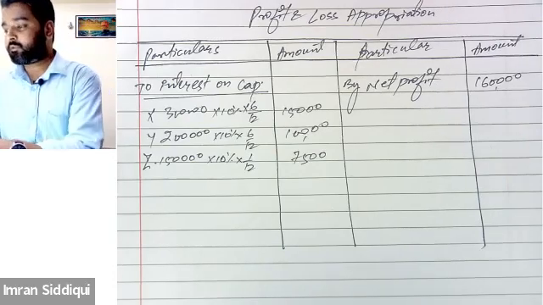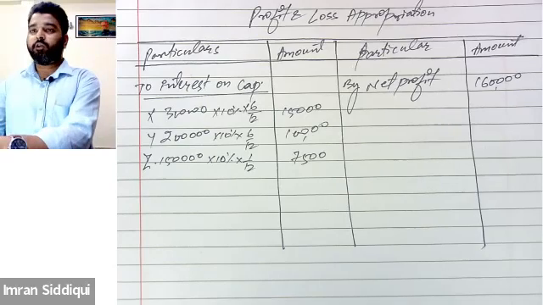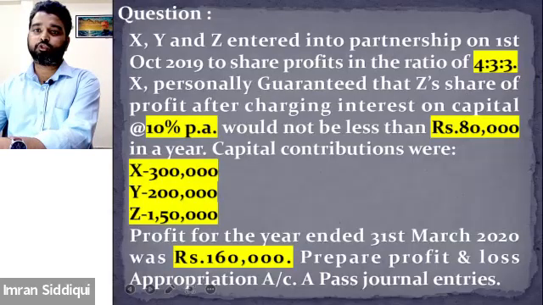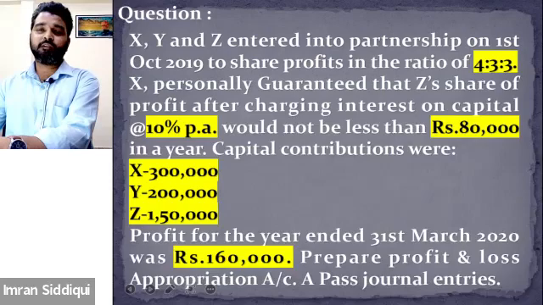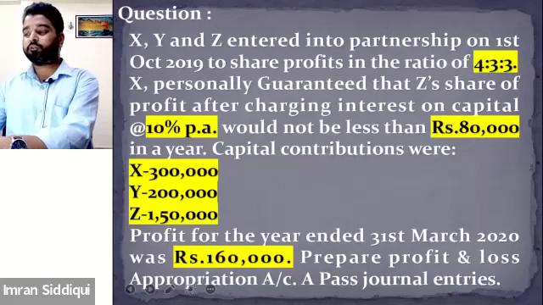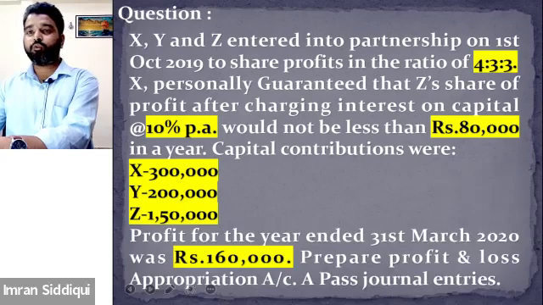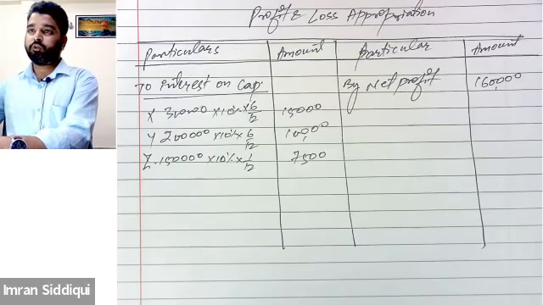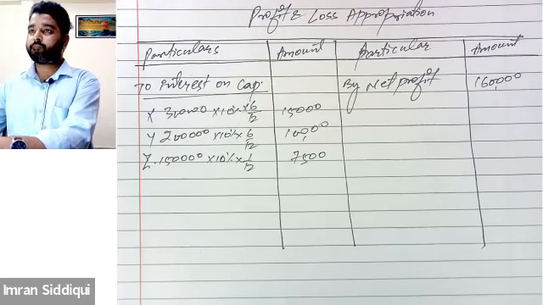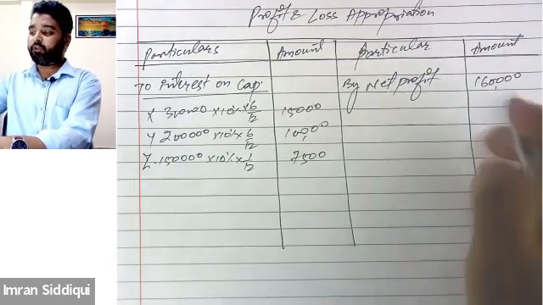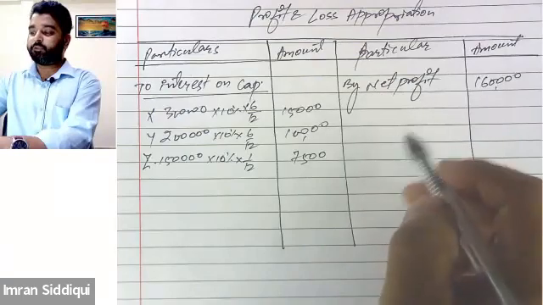Okay. Now let's talk about the distribution of the profit. Nothing else is mentioned. The question is not talking about salary, commission, drawings, or interest. So all we need to do now is distribute the profit. In order to distribute the profit, we will have to find out the divisible amount of profit.